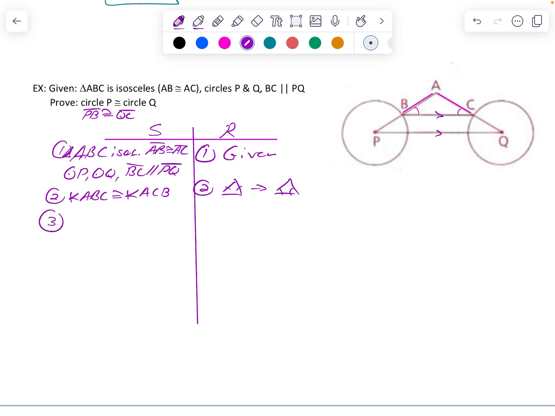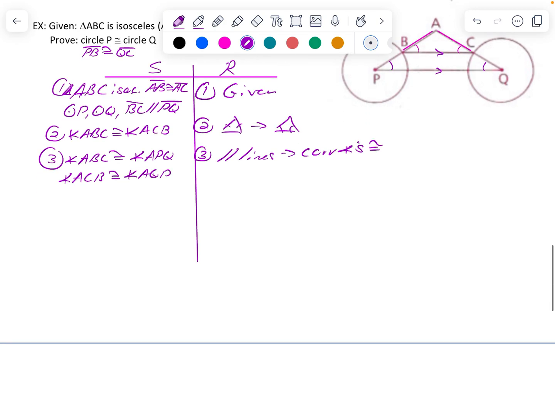Then those would also be congruent to these because we have parallel lines. So we could say angle ABC congruent to angle APQ, and we can say angle ACB congruent to angle AQP, and that's because parallel lines corresponding angles congruent.